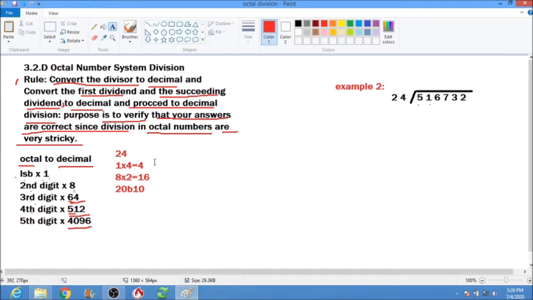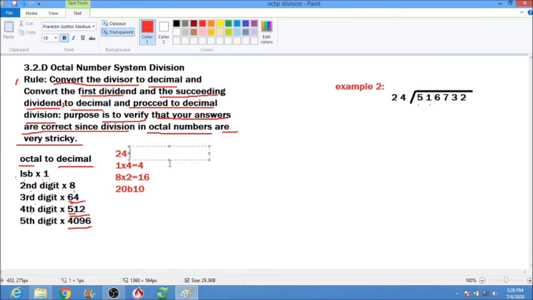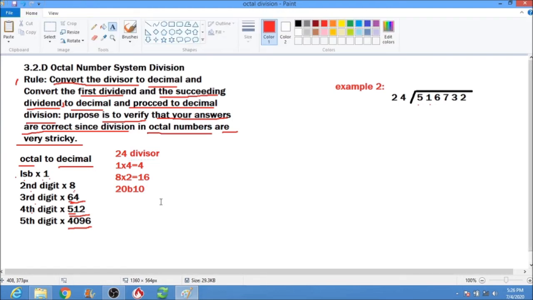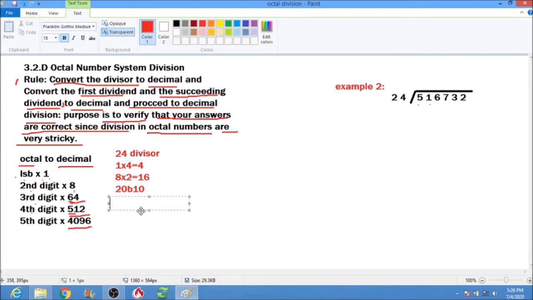So 24 is our divisor. These are the dividends. The first dividend is 51.